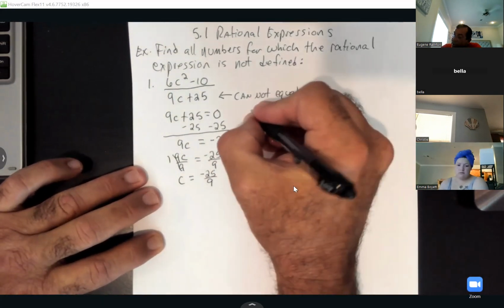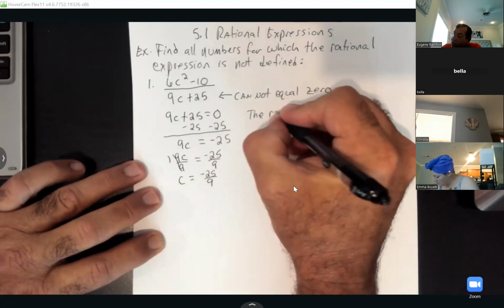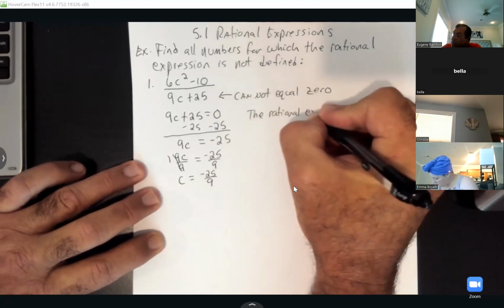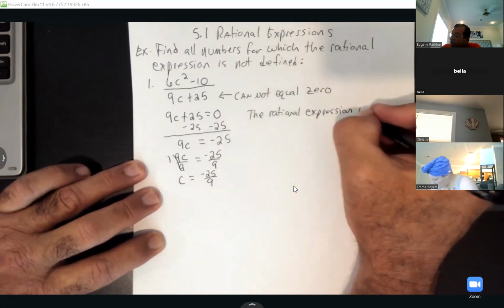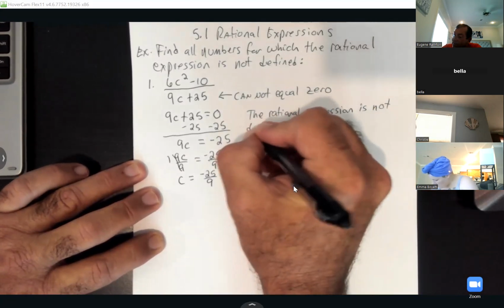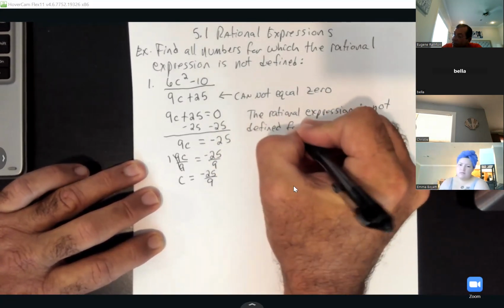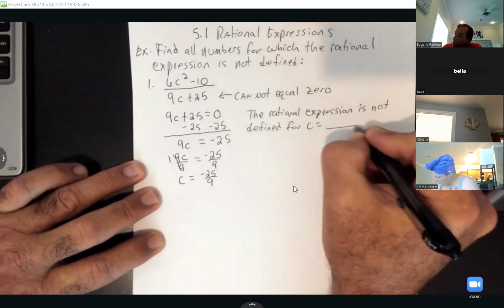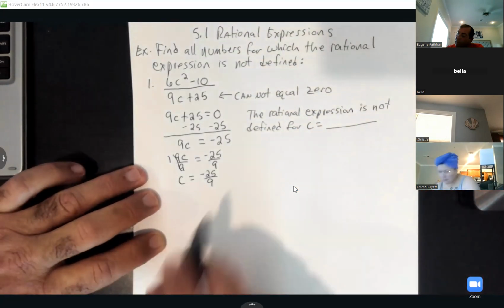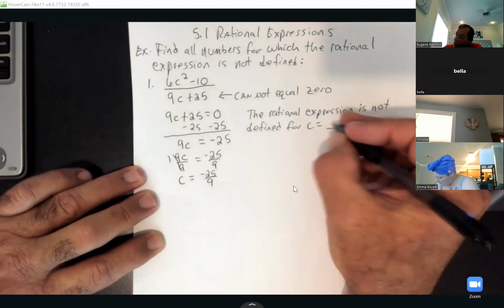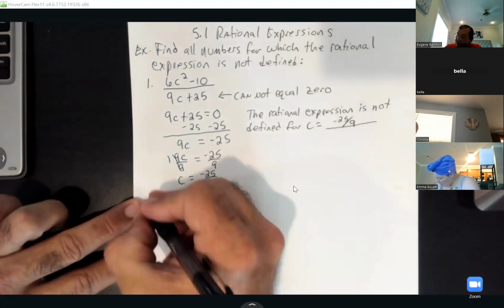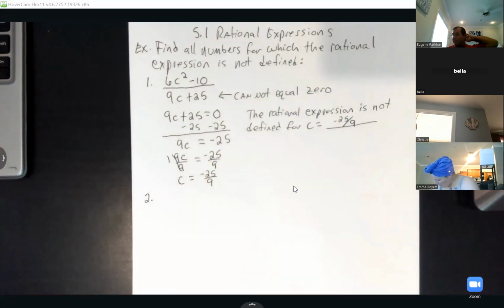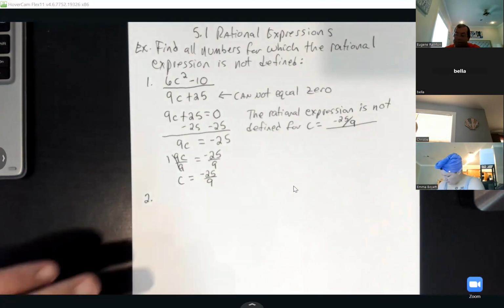So the answer blanks will say the rational expression is not defined for c equals blank. And all we're putting in that blank is that number we got, which was what? A negative 25 over 9. And what they're doing, they're just getting us ready for the domain stuff again.